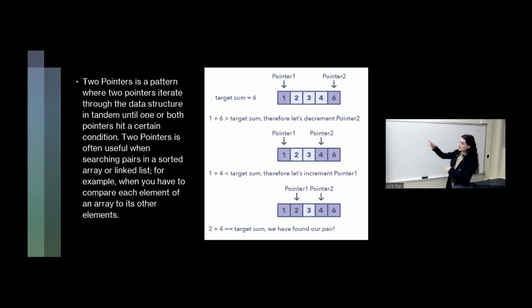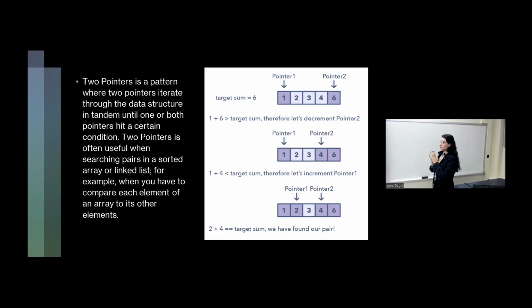In the picture, we're asked to find a target sum using 2 numbers. So we keep 2 pointers and try to find the target sum, which is 6. For example, if 1 plus 6 is greater than the target sum, then we decrement right because it is too big.